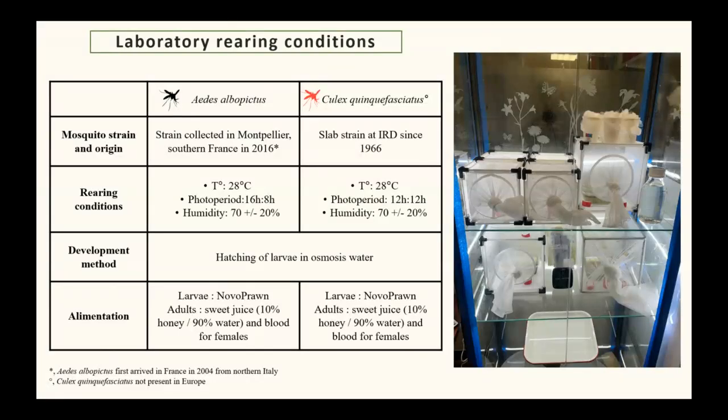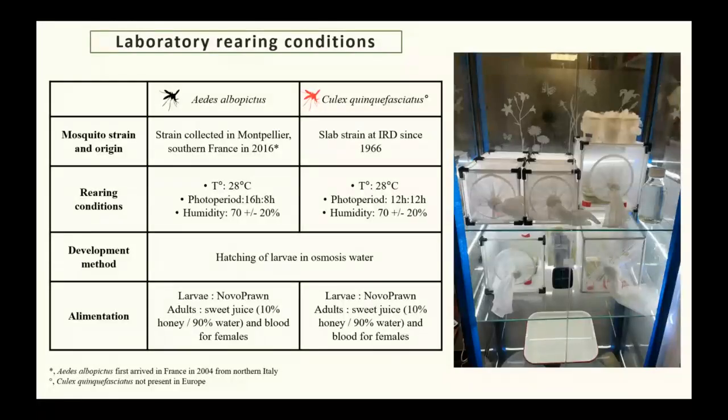It's really important for Aedes albopictus to have a longer light period than Culex quinquefasciatus, because there is a risk that the mosquito can go into diapause. That means, for example, during 2 to 4 months, the eggs will not hatch.